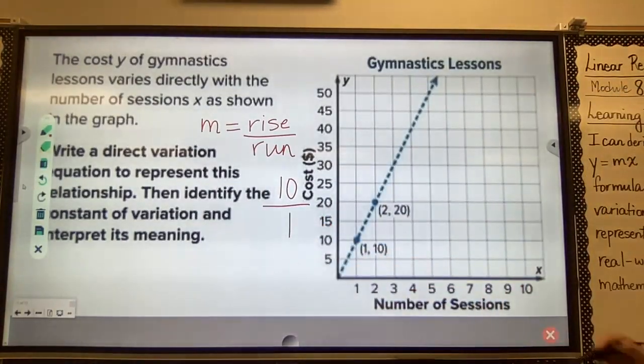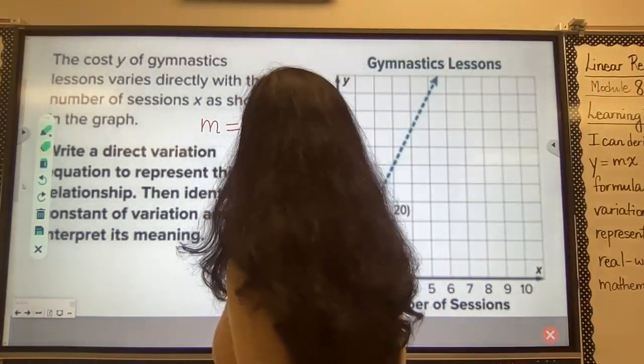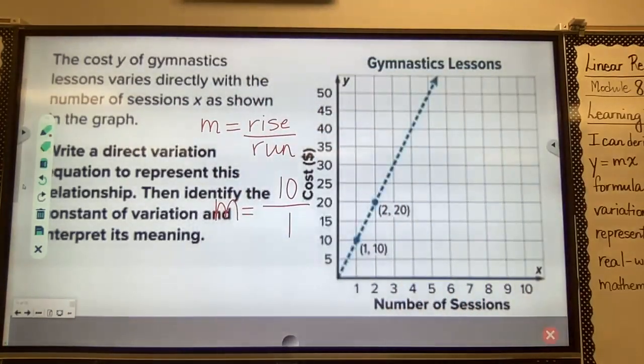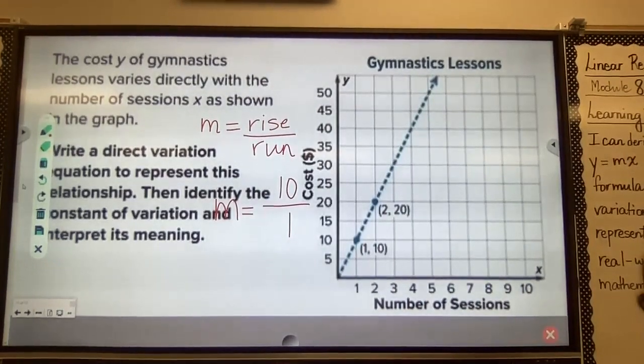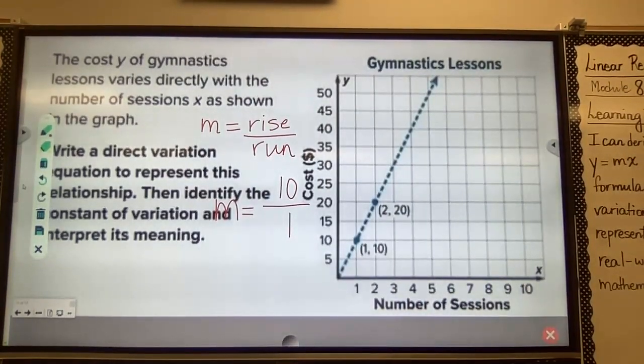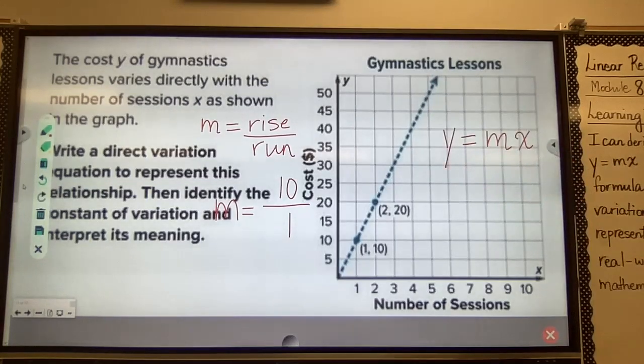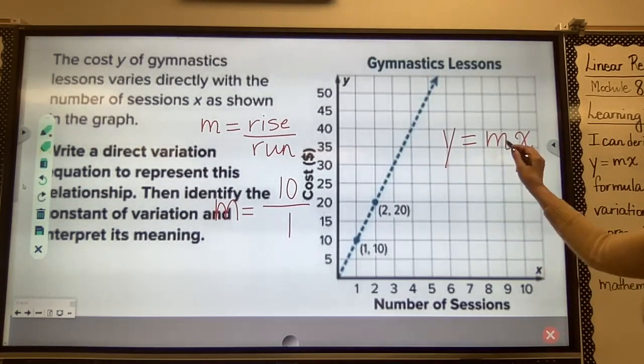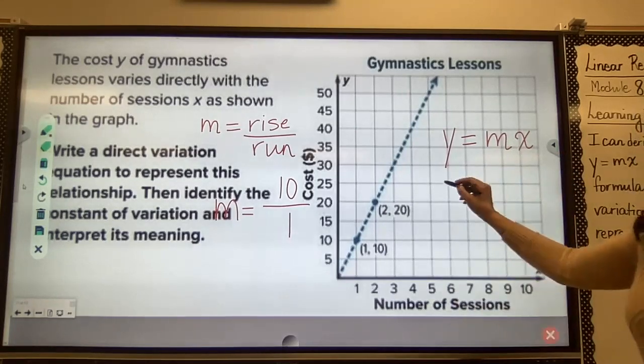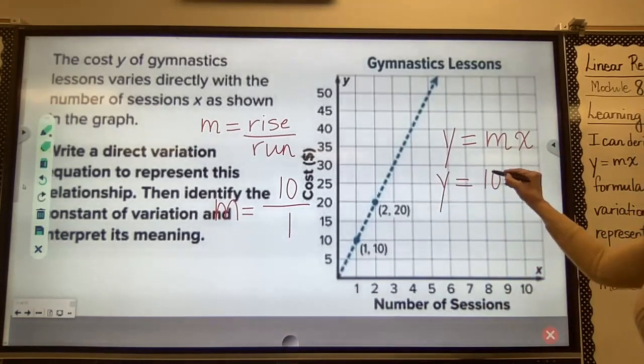So my slope, m, is 10. So that's the slope of the line. Now, the next thing is to use the value of m to write this equation. So we talked about the formula, which is y = mx. And we know that my slope is 10, so we are going to replace m with 10, because m represents the slope also. So y = 10x.